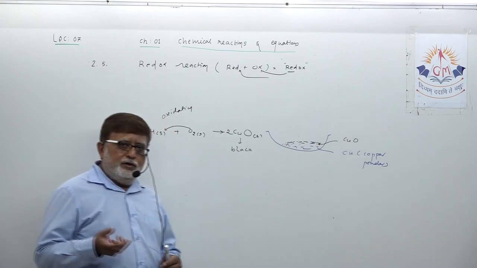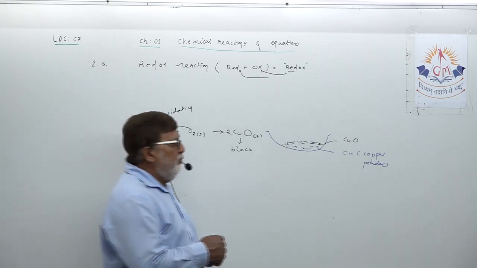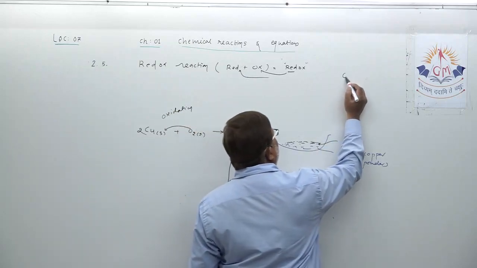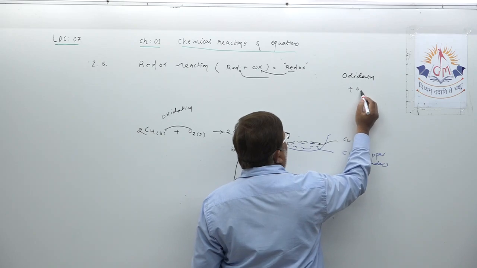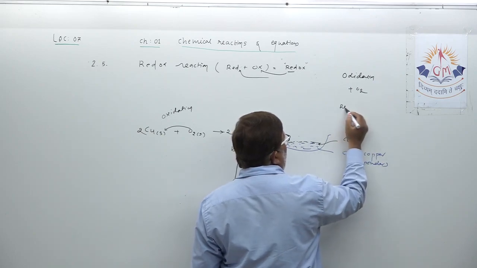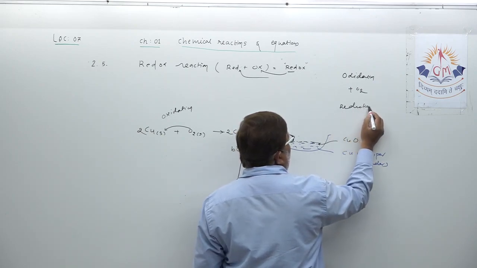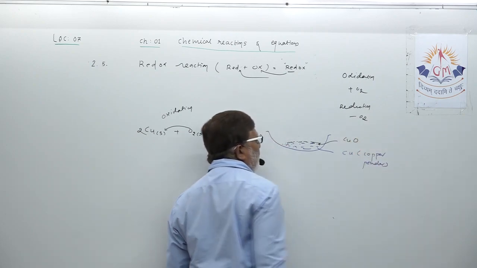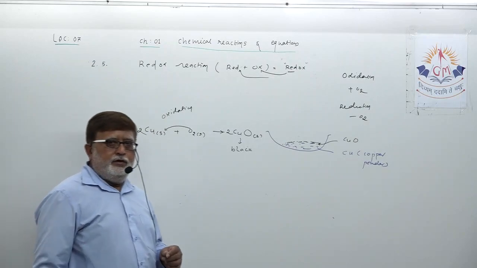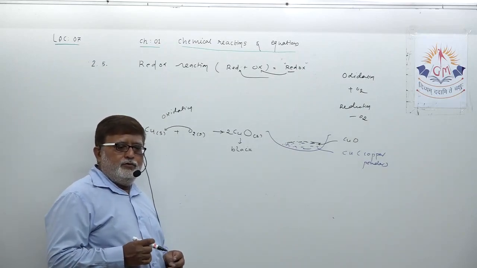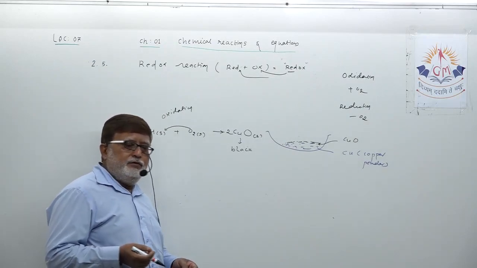When oxygen is removed, that is called reduction. Here oxygen is added to copper, so it is an oxidation reaction.